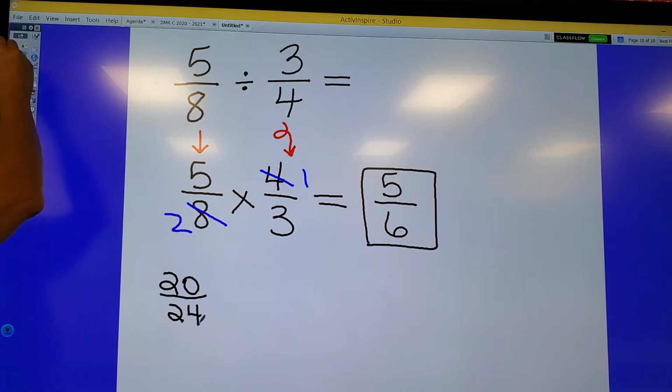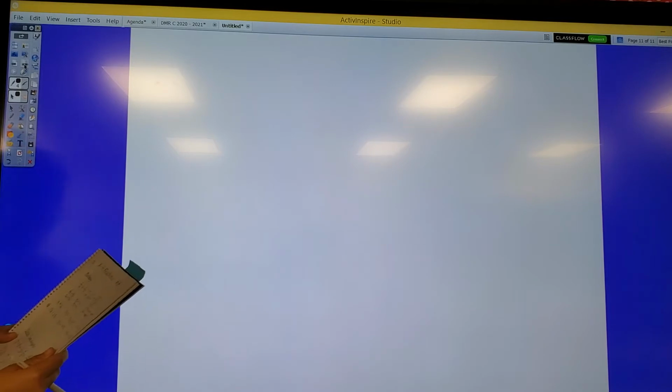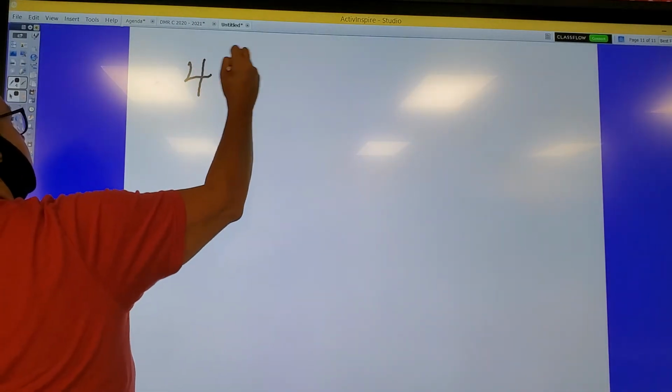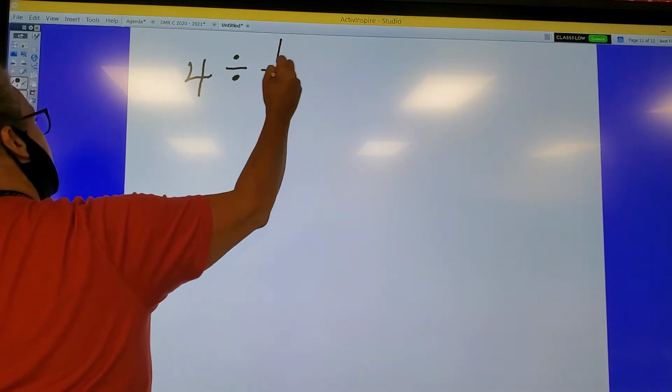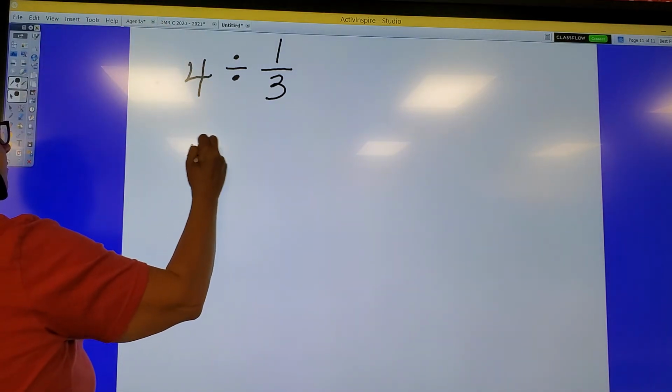All right, let's do one that has a whole number in it. Let's say we had 4 divided by 1/3. Do you remember what we said that we did with a whole number? We put a 1 under it. Okay, so this 4 is going to become 4/1.